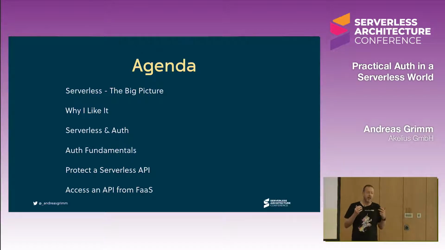The first is how do we protect a serverless API? That means function as a service. How can that be protected with OAuth 2? And then the second is how can we access this API from a serverless function?